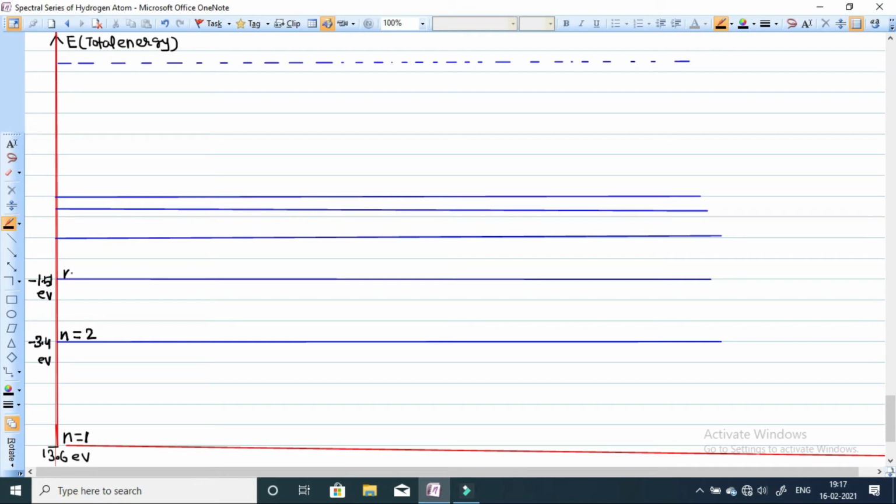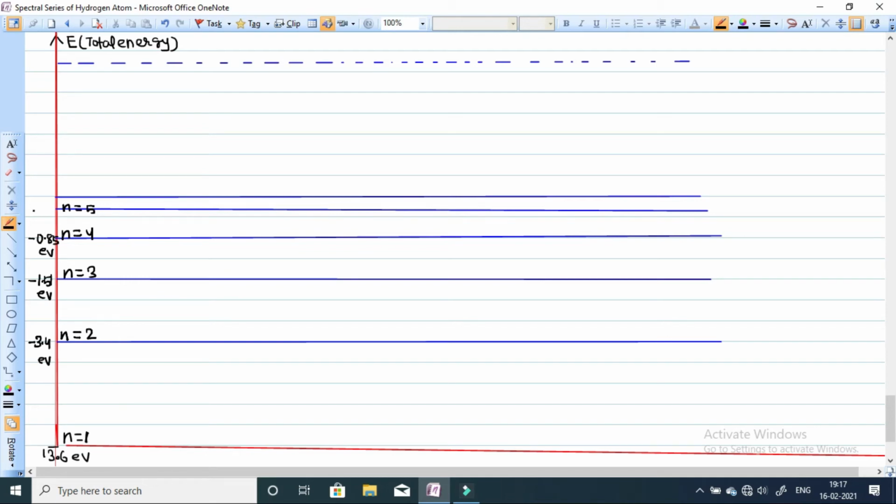Similarly, n is equal to 4, the energy is minus 0.85 electron volt. N is equal to 5, minus 0.54.